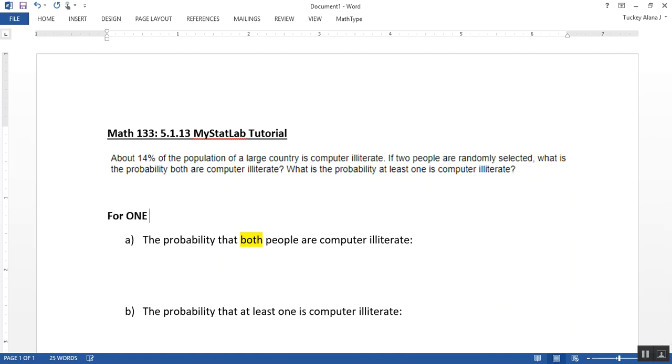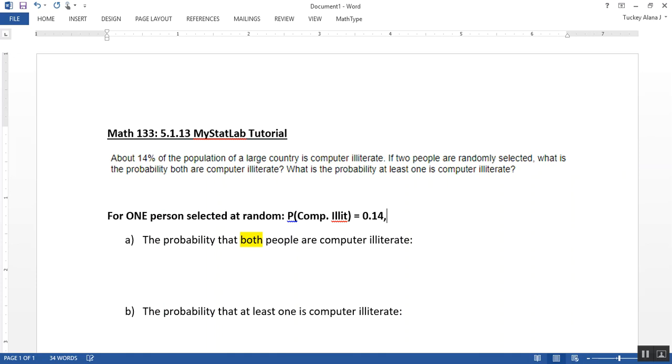For one person selected at random, the probability of computer illiterate is equal to 0.14.